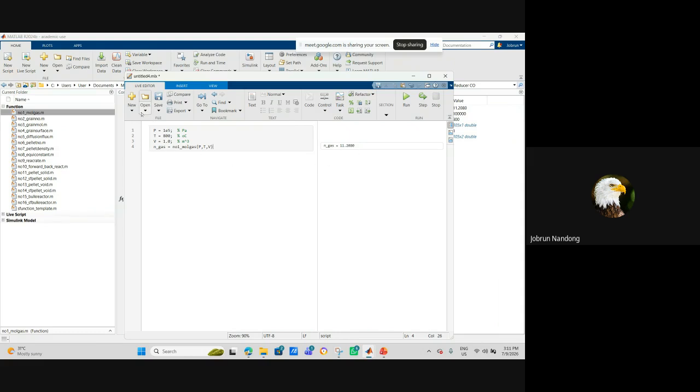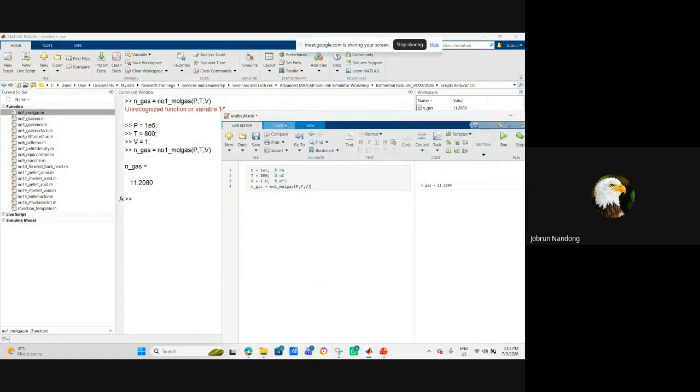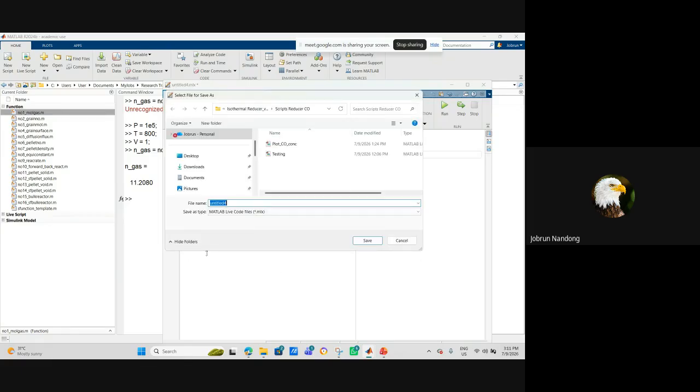Now we can save this one. The beauty of the live script is that we can save it. Let's say we save it for the workshop, just call it workshop testing, just for testing.